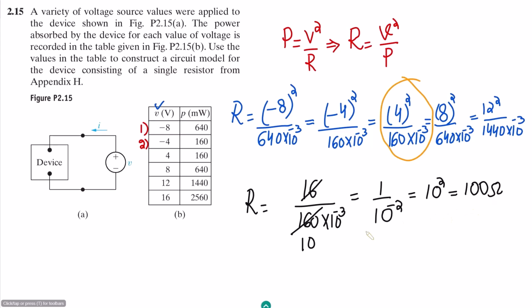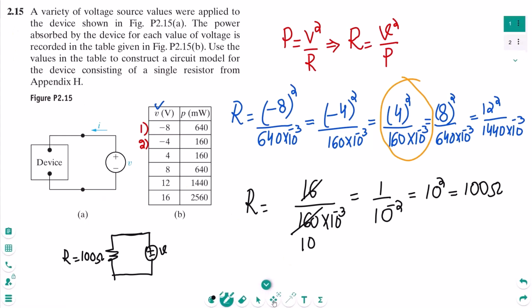So that is the value of this resistor, and this circuit can also be drawn like this. This is the circuit, this is the voltage, and the resistor here is 100 ohm. So this is the solution of question 2.15.